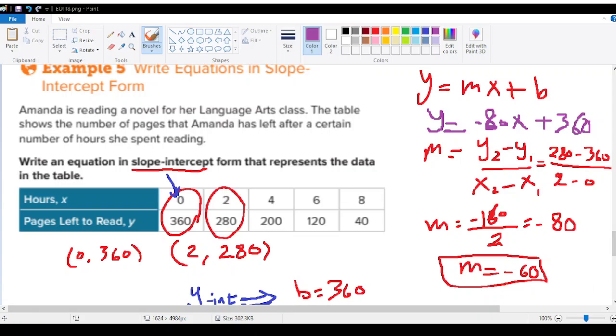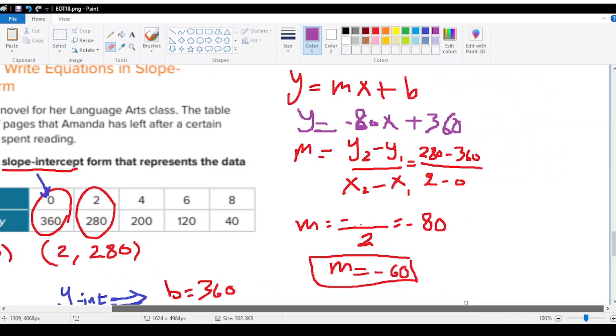So our answer, it's not 80. 160? Yeah, it's 80. I don't know what's happening. Wait. This is all wrong. Can you subtract them by hand?